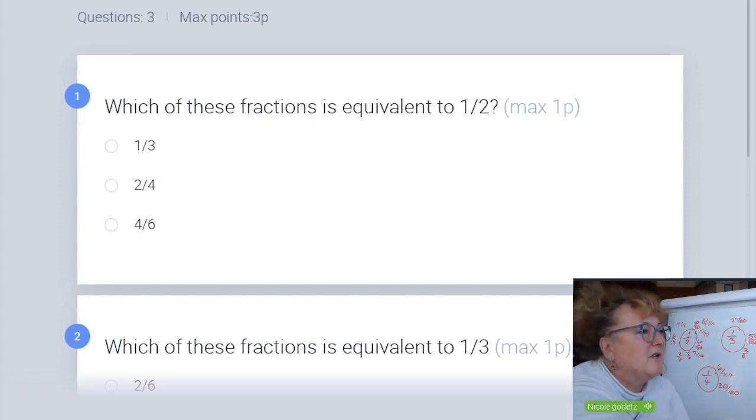Okay, some of you are starting off there. So which of these fractions is equal to a half? Think about that ratio. It's got to be 1 to 3 for thirds.